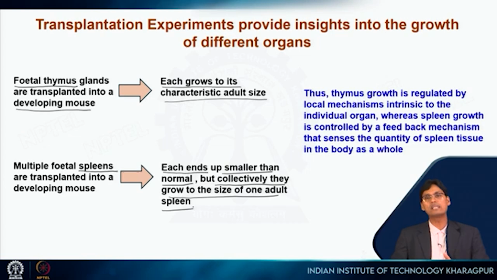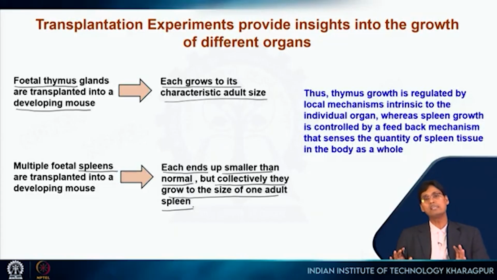Although we transplanted multiple thymus glands, all of them grow to normal size. Whereas spleen growth is controlled by a feedback mechanism that senses the quantity of spleen tissue in the body as a whole.